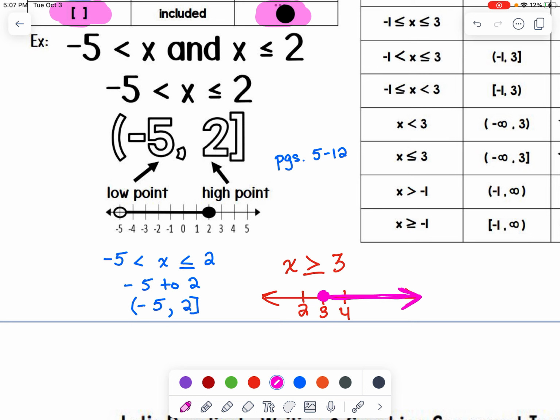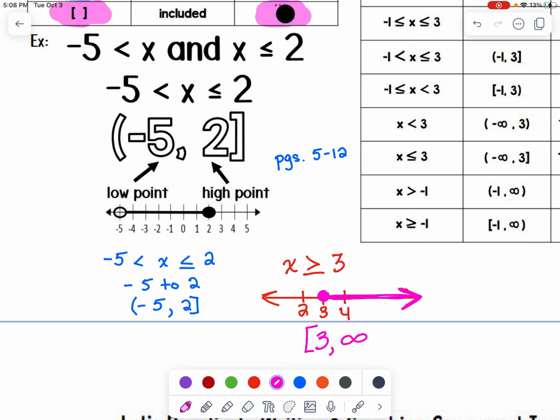So that's how we show it in inequality: x greater than or equal to 3. Basically this is saying that it starts at 3, it includes 3, but then it goes on forever. So it starts at 3, it includes 3, so that's the bracket. Going on forever is positive infinity, because going to the right of a number line is positive.